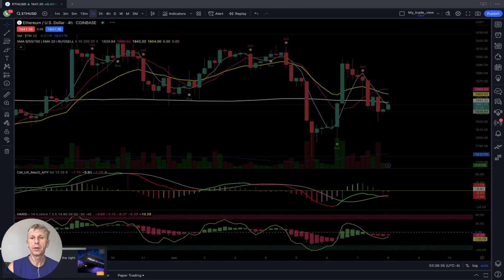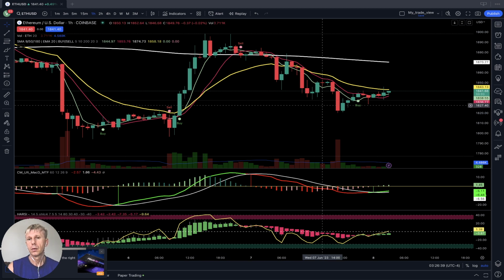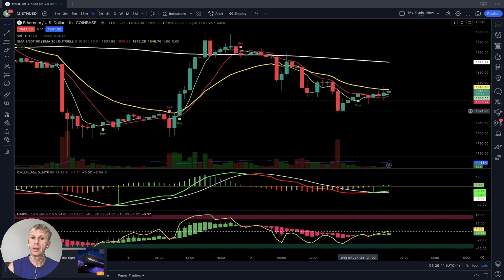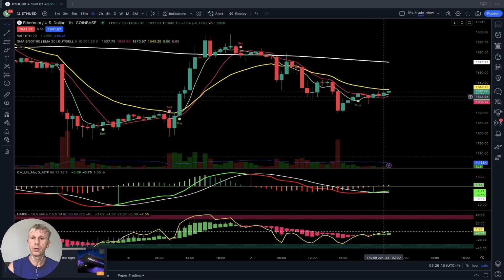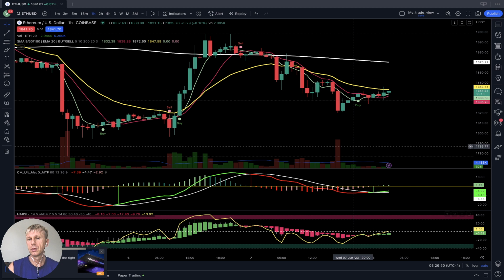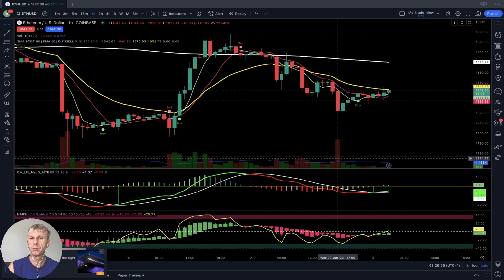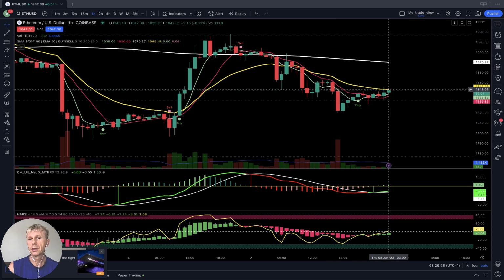1 hour time frame for Ethereum. On the 1 hour time frame, it is in the bearish territory, all moving averages below 20 and below 200. Very bearish. Same on MACD and Heikin-Ashi. But it recently gave a buy signal, did a bullish crossover. It bounced because it was very oversold, and it connected to 20.